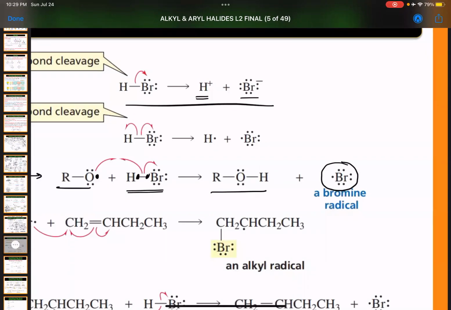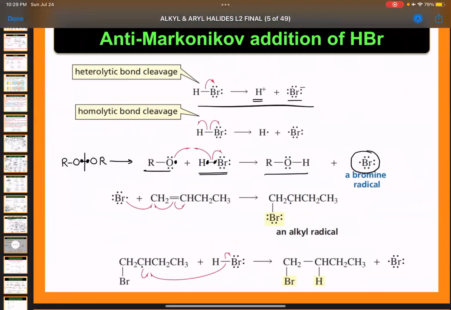This bromine radical, what will it do? This bromine radical is again a reactive intermediate. It will go and join itself to an alkene. Alkene has a double bond. The double bond has two electrons, two pi electrons.